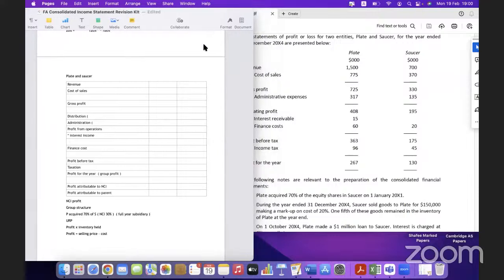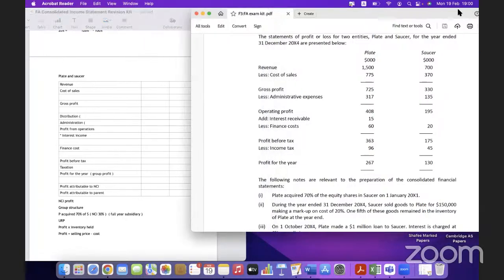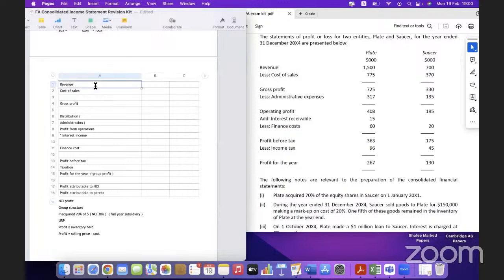So once you have understood your structure, copy the numbers line by line. Okay, so, guys, let's start copying then. I'll do that for you. Right, so let's start, guys. Revenue, 1,500 plus 700. Cost of sales, 775 plus 370. Right. Distribution, okay. Gross profit, don't copy.